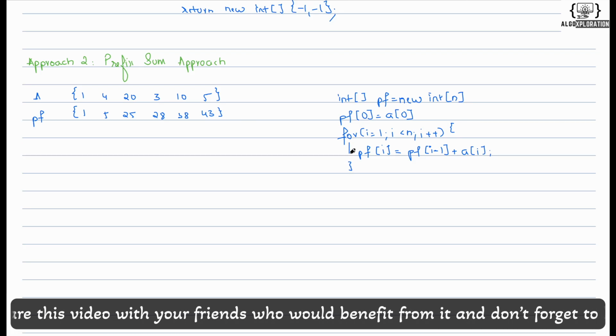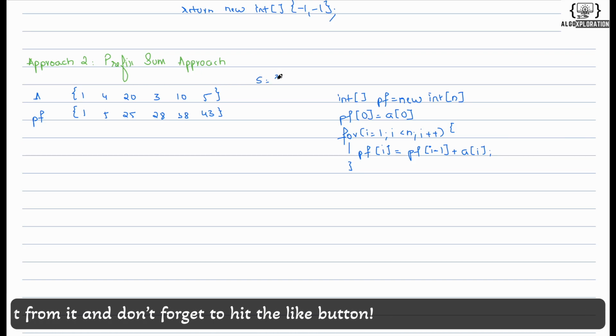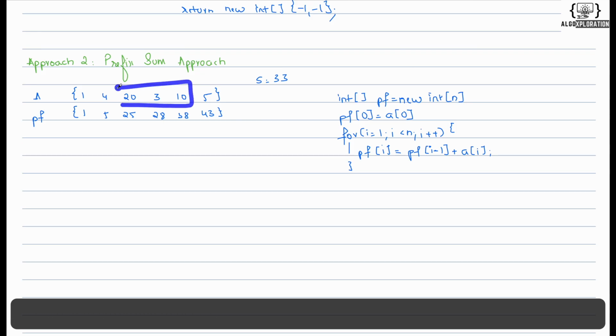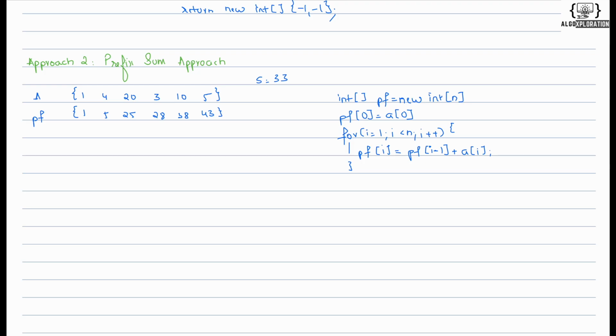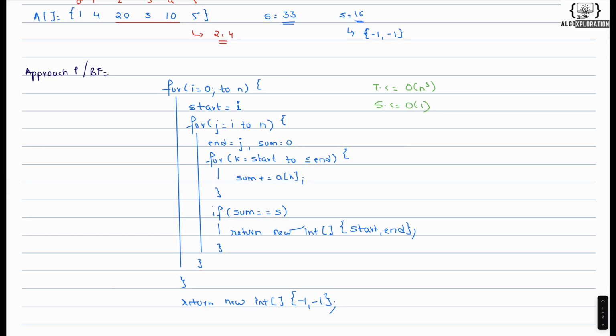Okay, now we know that here the value of s is 33, and the subarray is this, right? So now, as I said, these two for loops will be the same in the second approach, we are just going to eliminate this.